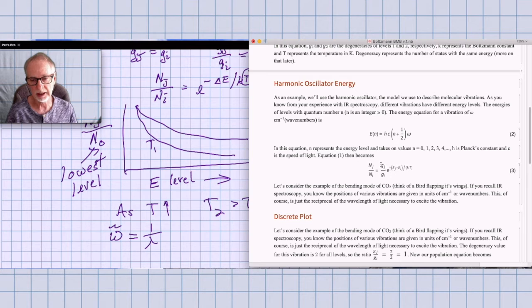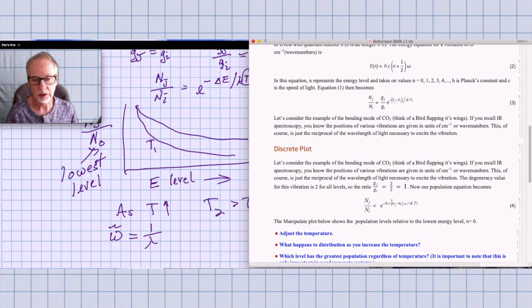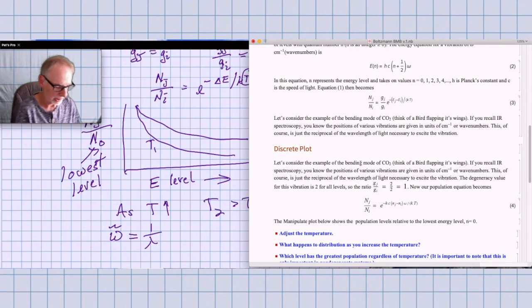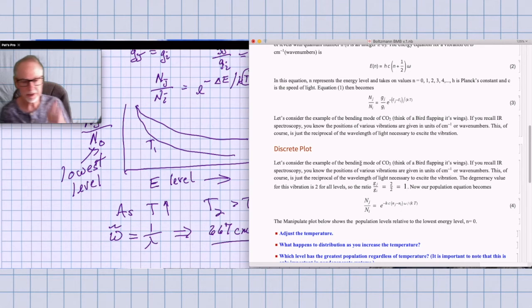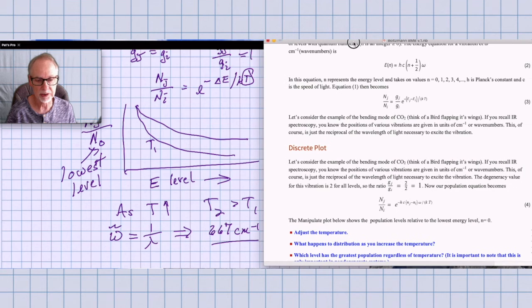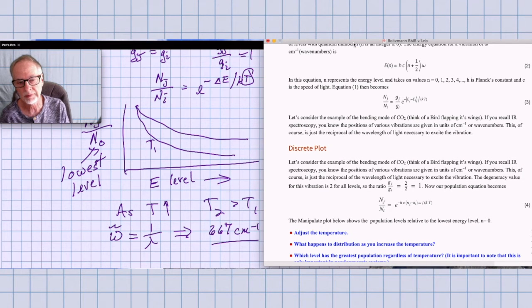So in our simple calculation here, this ratio is going to be equal to 1. Now, the example we're going to be using is what's called the bending mode of carbon dioxide, okay? And the bending mode of carbon dioxide, actually, in the IR, is roughly 667 wave numbers. Okay, so it's roughly 667 wave numbers.